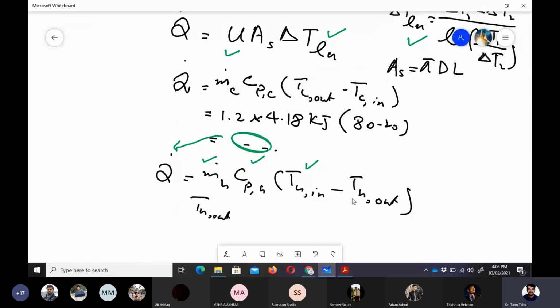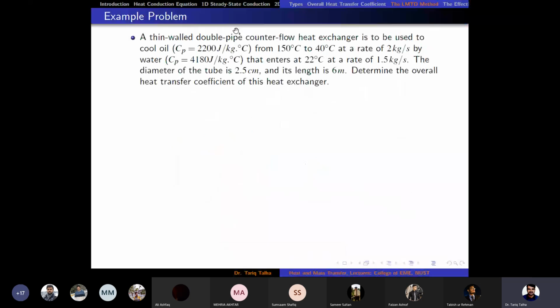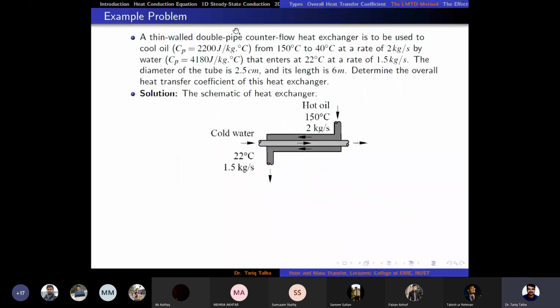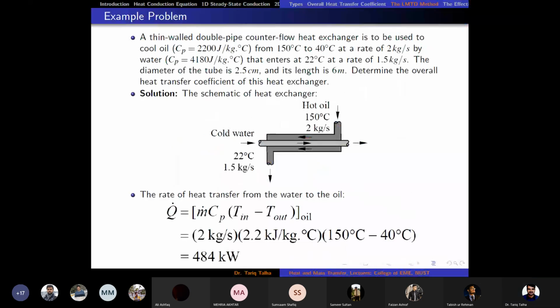Once we get that, then in this numerical we would be able to find the value of delta T logarithmic, and AS can also be calculated, because now the length is given. So the only unknown would be U. That is a similar, identical problem to the one we did. So we just quickly go through this.